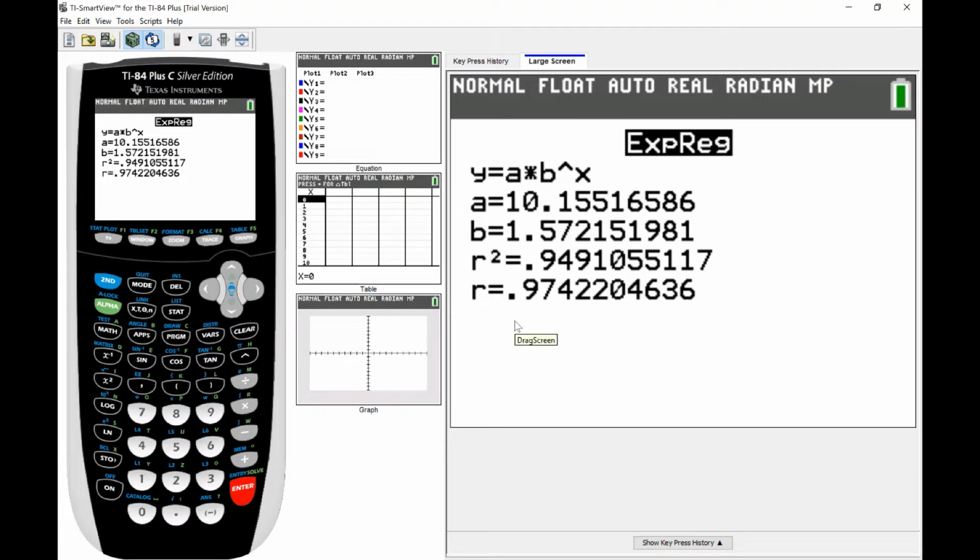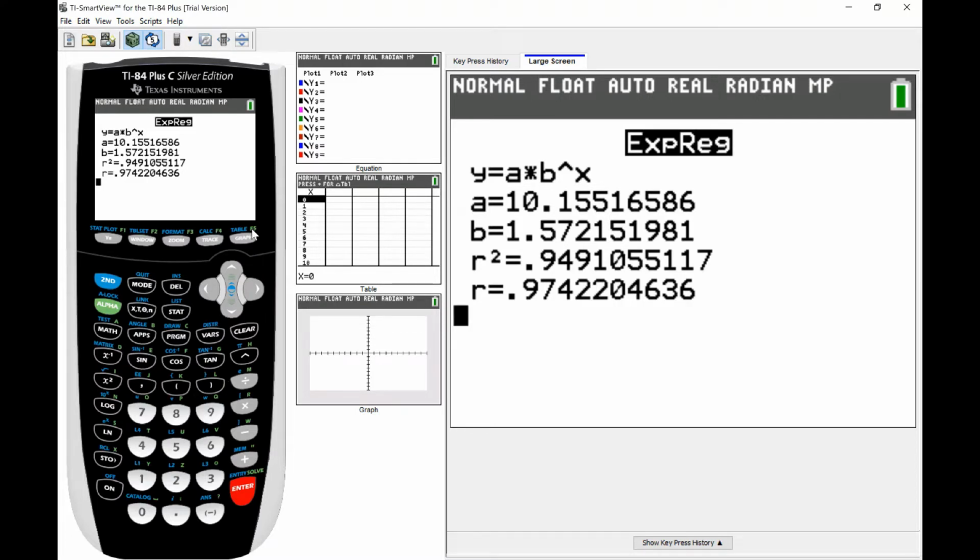And that tells us that this equation is a strong fit for our data, which means it is a good way to predict the Y values for this data. Okay, it has good dependent variable predictability.